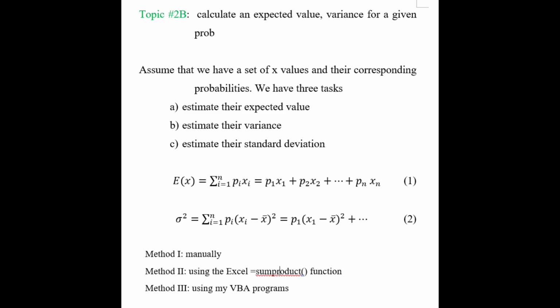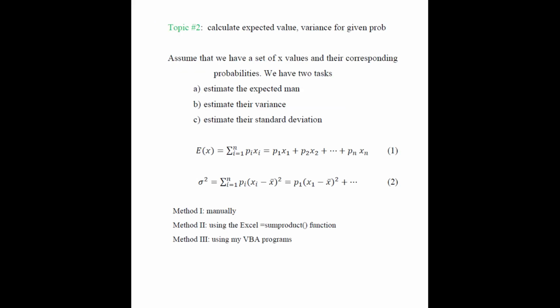I'm going to use very simple data and use 3 methods to show you how to calculate expected value, variance and standard deviation. Method 1, manually calculate. Method 2, using the Excel SUMPRODUCT function. Method 3, using VBA.